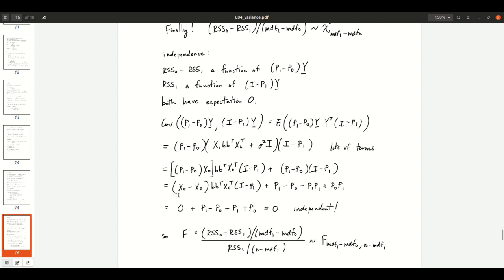Okay, so here we already said before that P1 x0 is x0 and P0 x0 is x0. So this part is going to be 0, so it doesn't matter what you multiply it by, that's going to be 0.